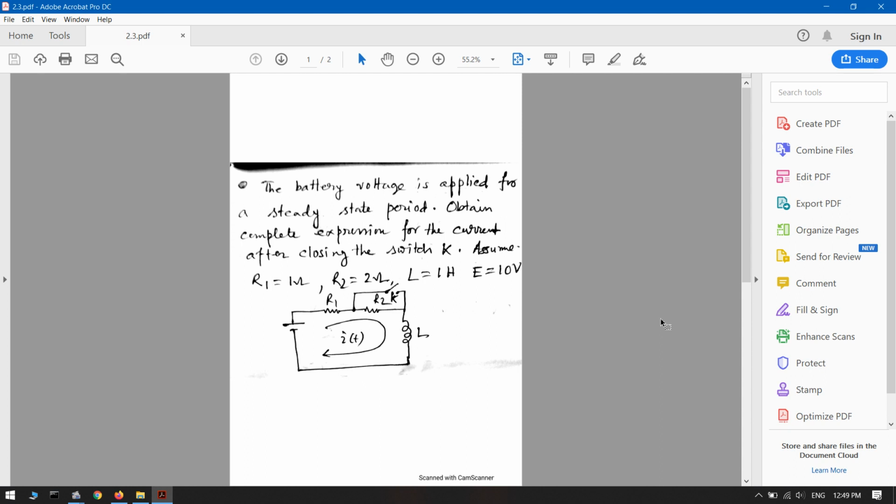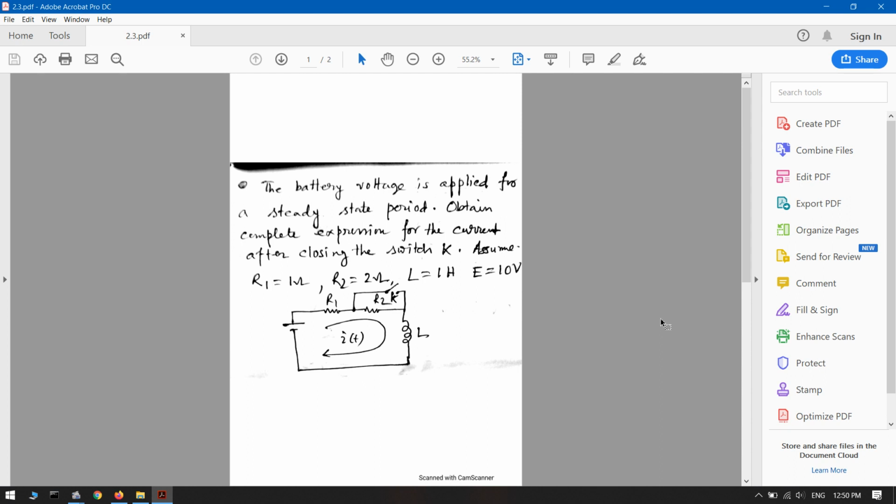You have to calculate the value of the current when the switch is closed. Before the switch was closed, what was the current? 10 by 3.